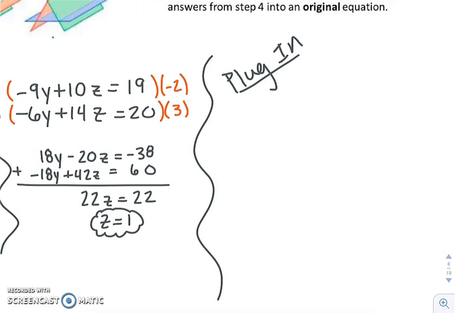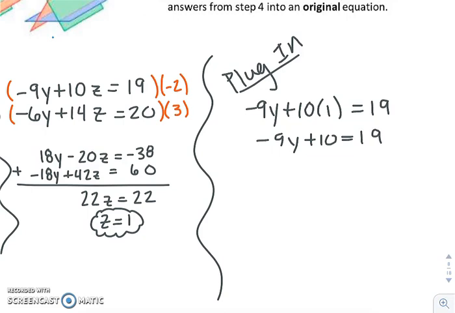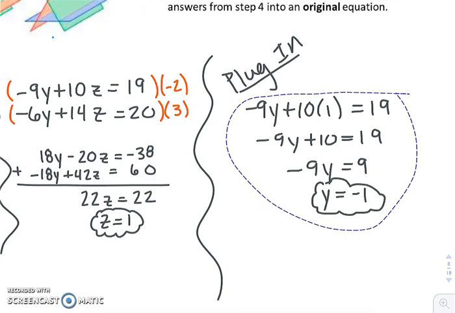So negative 9y is what we're solving for, plus 10 times 1 equals 19. So negative 9y plus 10, you'll subtract that 10 over, get negative 9y equals 9. So y equals negative 1. So we've got our y now.